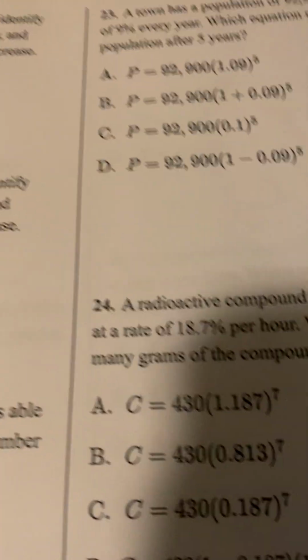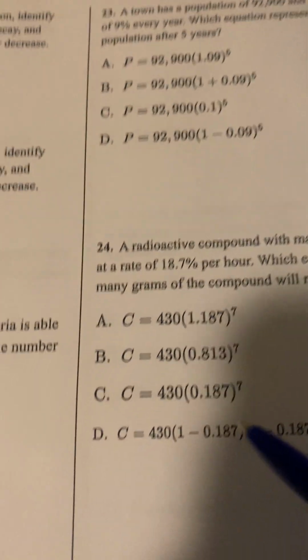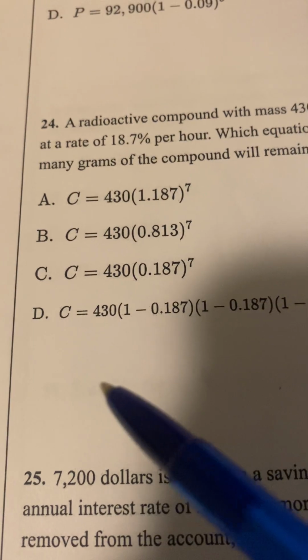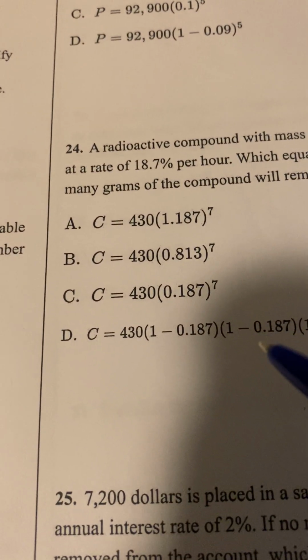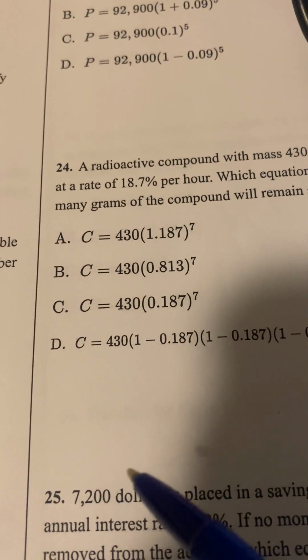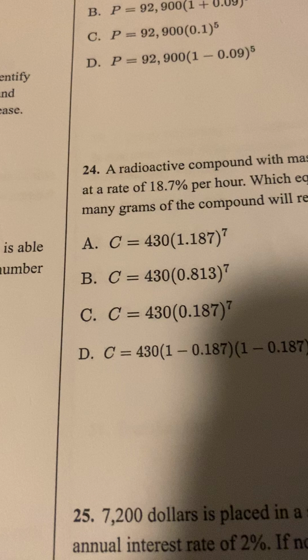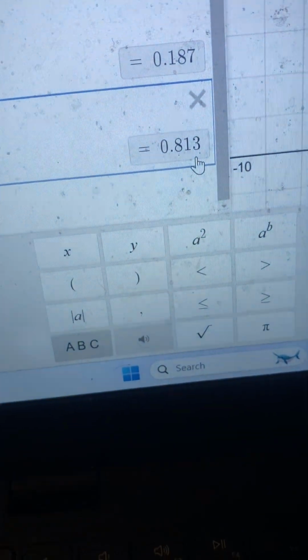So now let's go back to our answers A through D. Notice that on 24 I got 1.187. I'm not going to do that because that's greater than 1. I got B, 430 times 0.813.